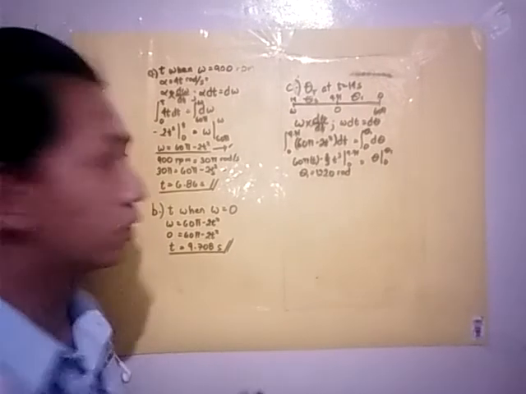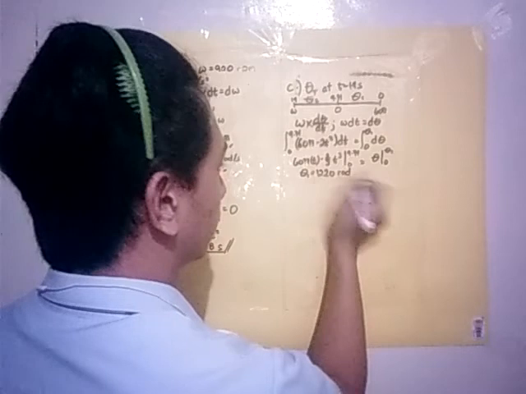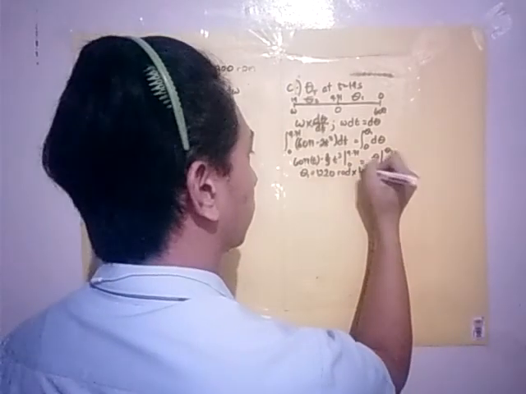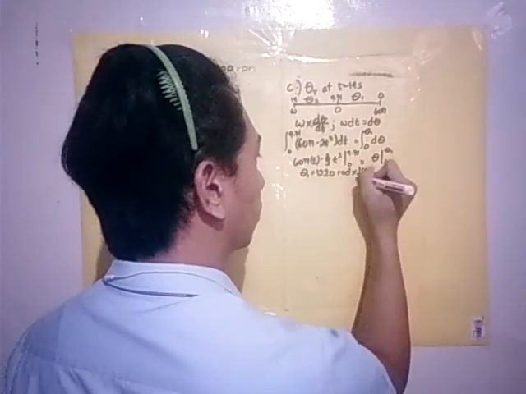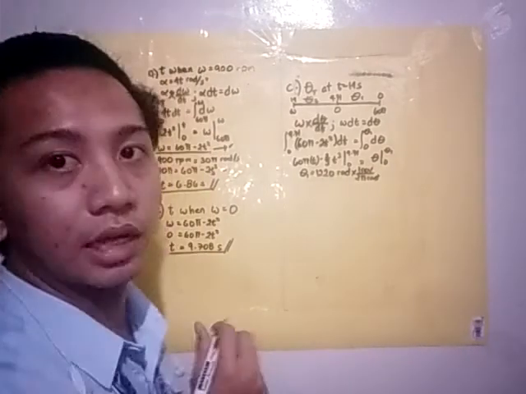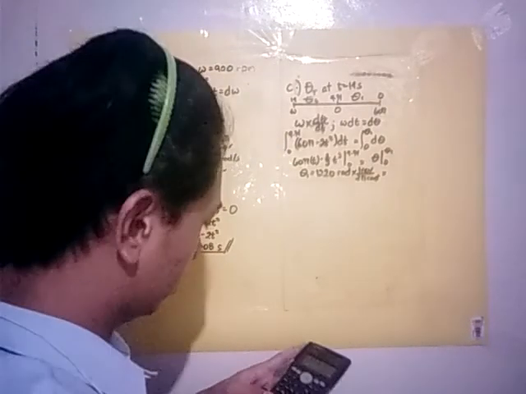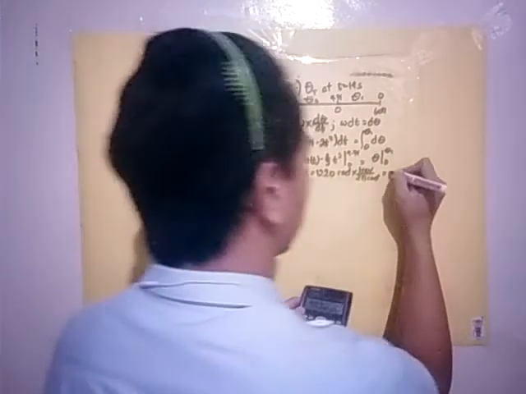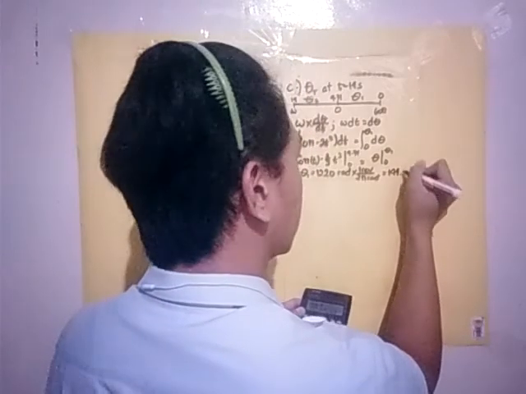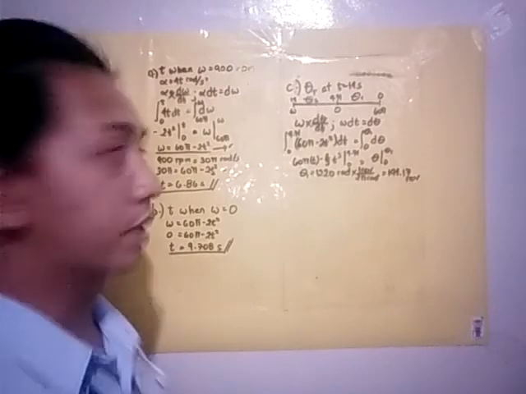The required answer is in revolutions, so I convert this by multiplying by 1 revolution equal to 2 pi rad. So our rad here is cancelled. Then I get 1220 divided by 2 pi, and now I get 194.17 revolutions. Then the next one is from 9.71 to 14 seconds.